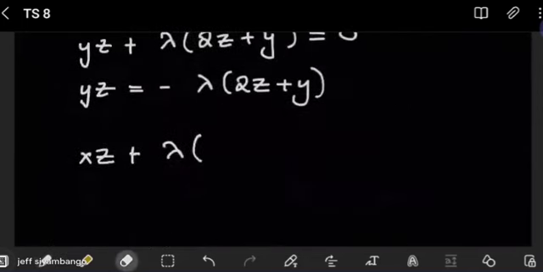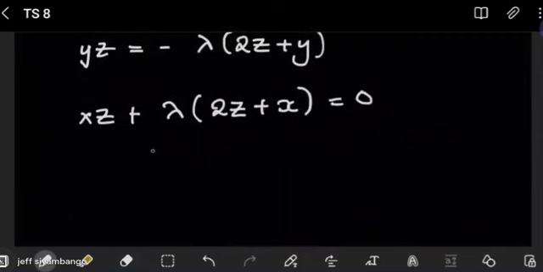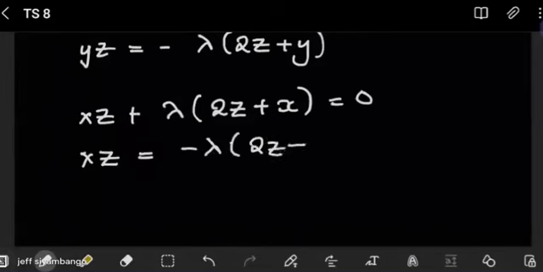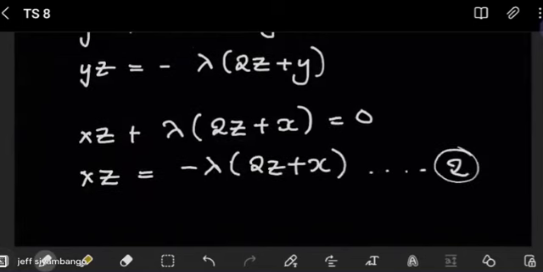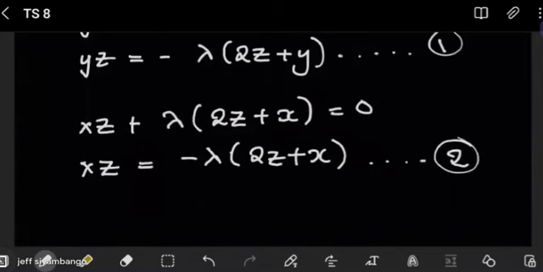So we have 2z plus x is equal to 0. So that we have xz is equal to minus lambda (2z plus x). So this was our first one. Then we do the same thing for the others.